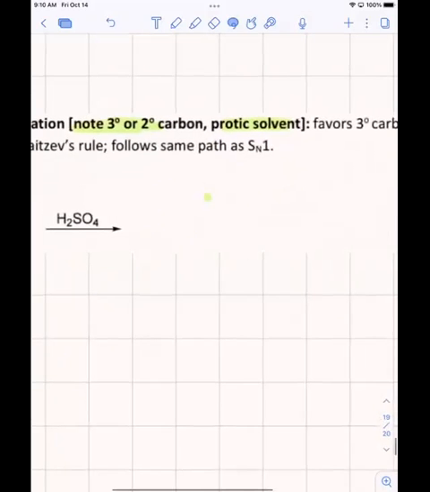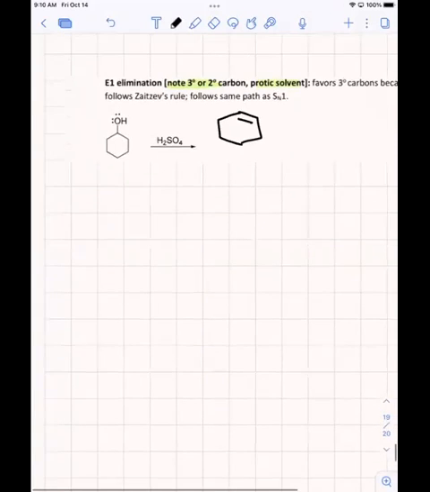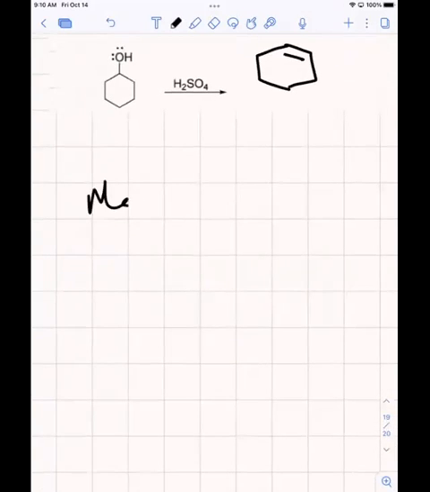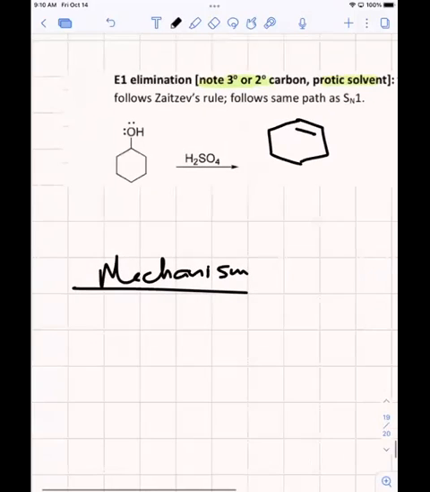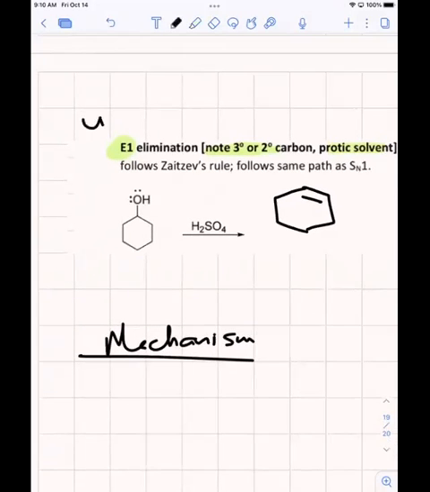I'm just going to put the product in for now, just like we did up top. This is unimolecular. That's what the 1 is in E1. What does that mean? We talked about it Wednesday.